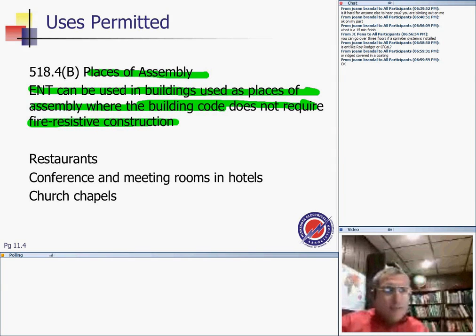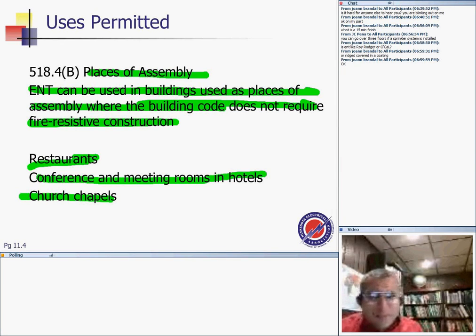Places like restaurants, camps and meeting rooms in hotels, chapels, places of assembly, if again the building code does not require fire-rated construction. Has anybody ever used them in places of assembly, restaurants, church, chapels, conference meeting rooms and hotels?